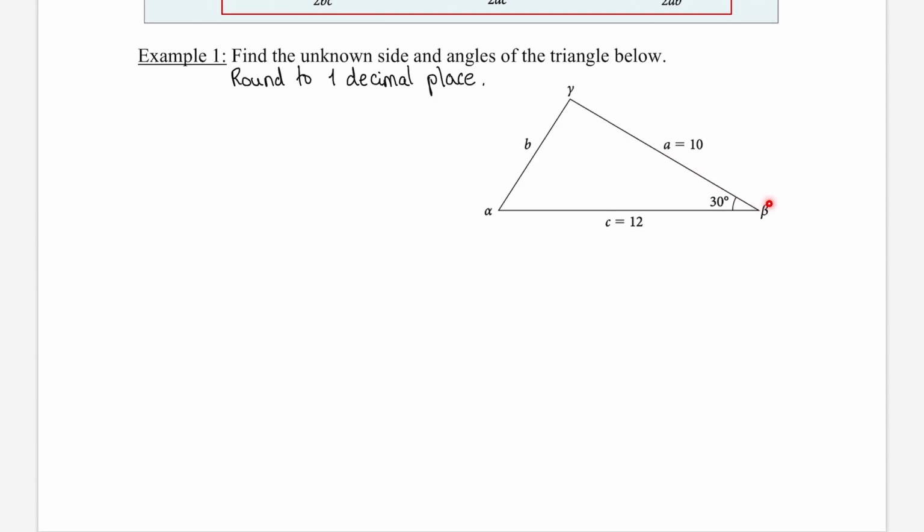In this triangle, I have side, angle, side. I will use law of cosines to solve for B first. I will have B squared equals A squared plus C squared minus 2AC times cosine of 30 degrees.